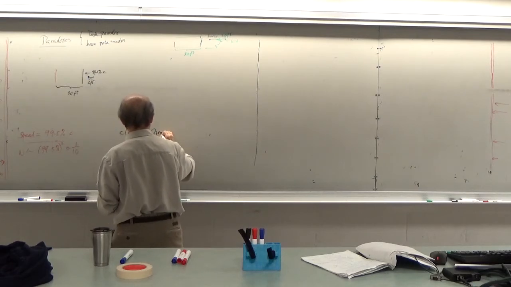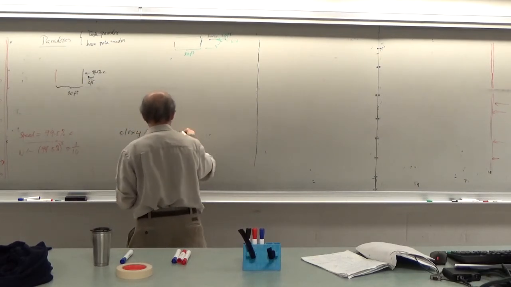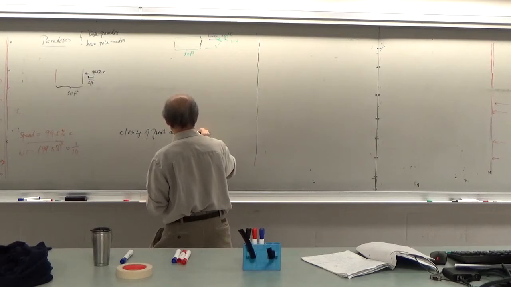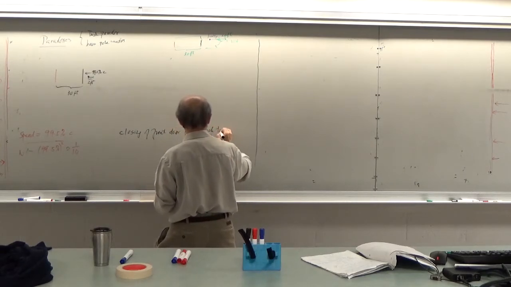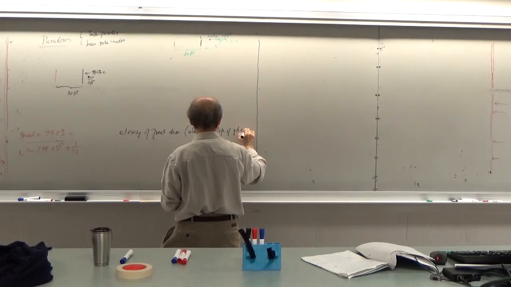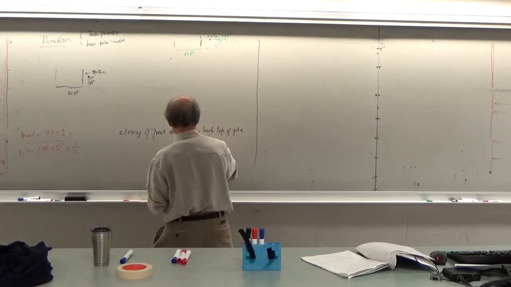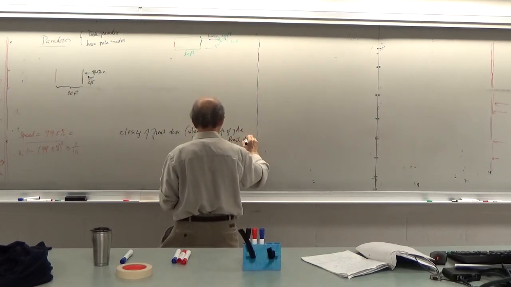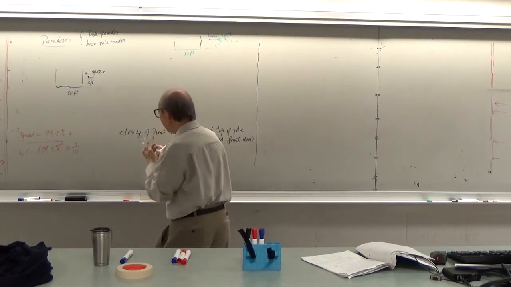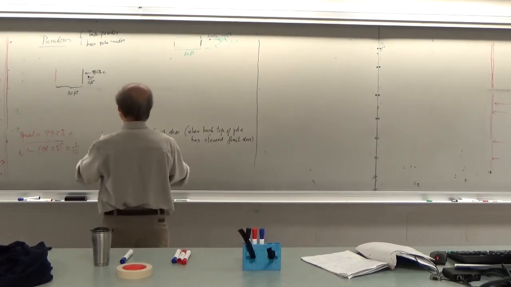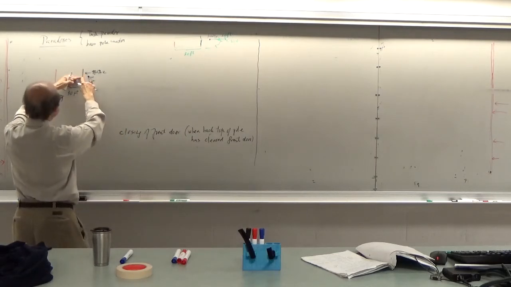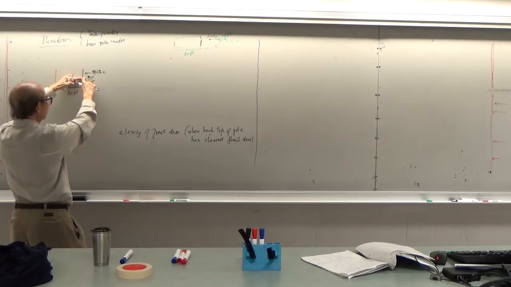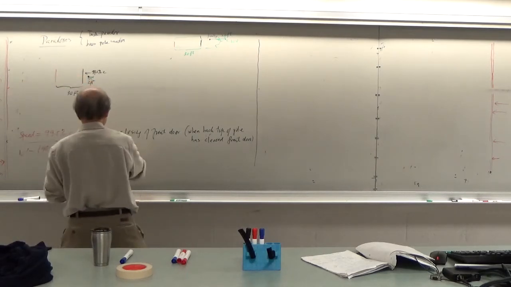closing of the front door after the back tip of the pole has cleared the front door. And this event would be indicated by when the green part gets to the black part, which is the front door. This is event number 1.